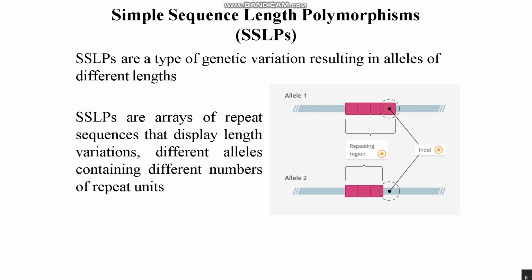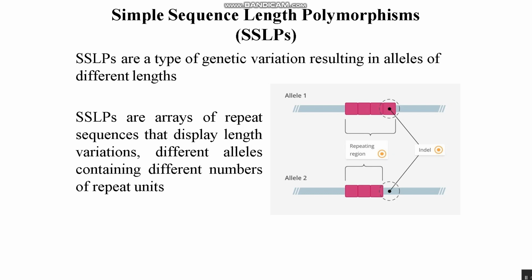The variations between individuals, the differences between the individuals, come from differences in the number of repeats. By the differences in the number of repeats, we can determine the gene's location on the chromosomes.